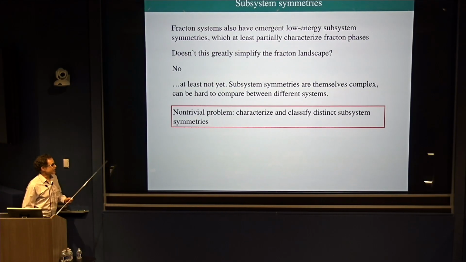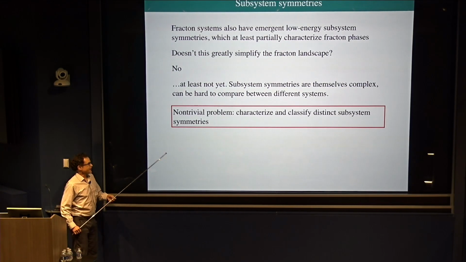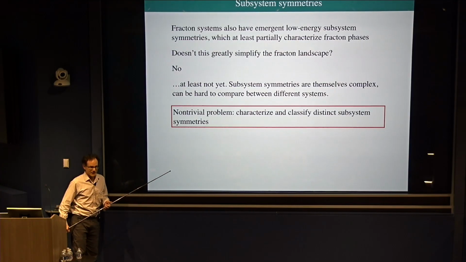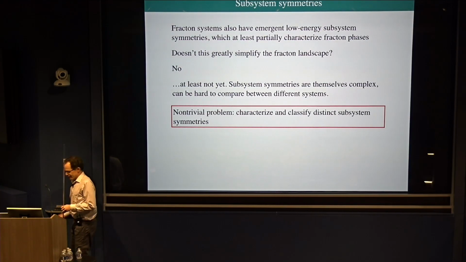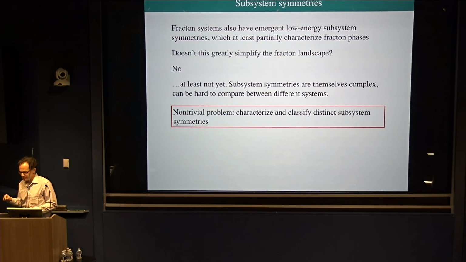So it's actually a non-trivial problem, just like characterizing and classifying phases, to characterize and classify distinct subsystem symmetries. And it's important to note, I'm not talking about SSPT phases, I'm talking about just the symmetries. So even the symmetries themselves, there's a lot to learn about what types exist.